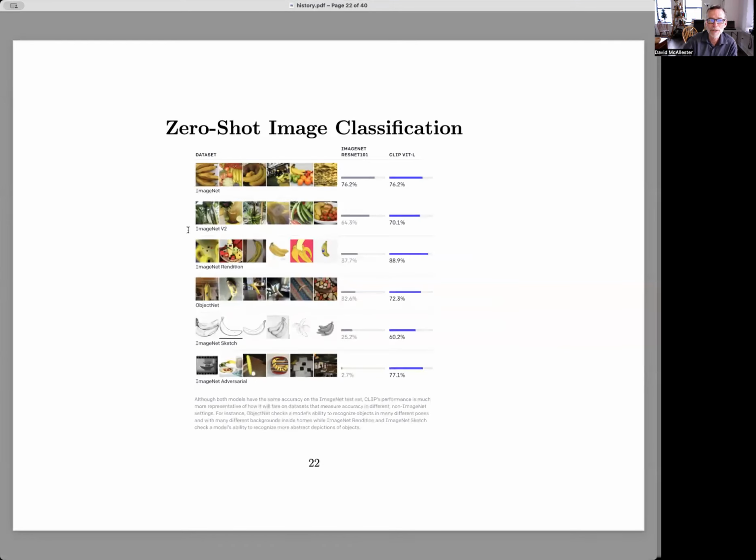And then what you can do is, because CLIP is trained on image text pairs in general, it's not just trained on AlexNet, say, it's trained on this open domain scraped web set of image text pairs. I can use it in any domain.